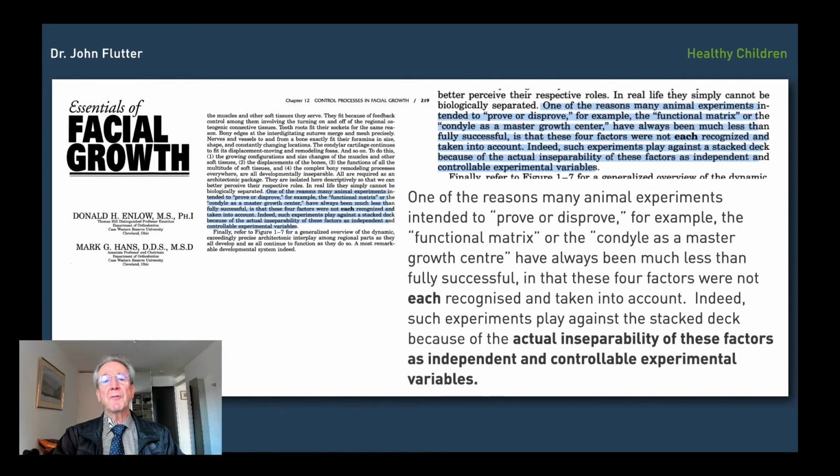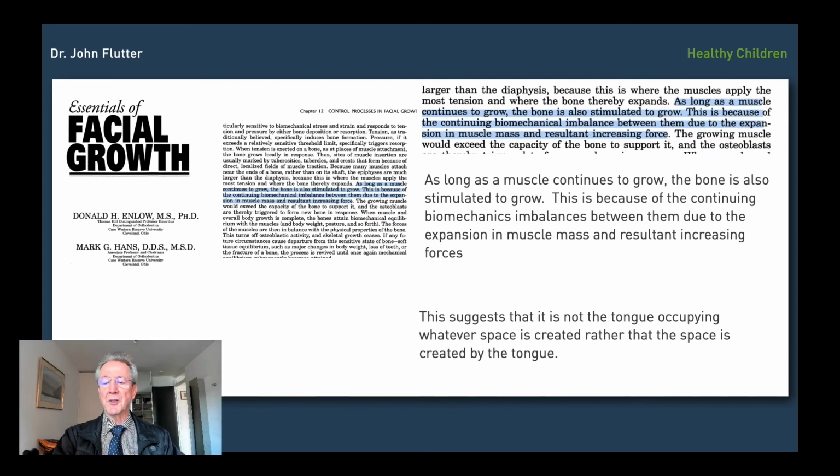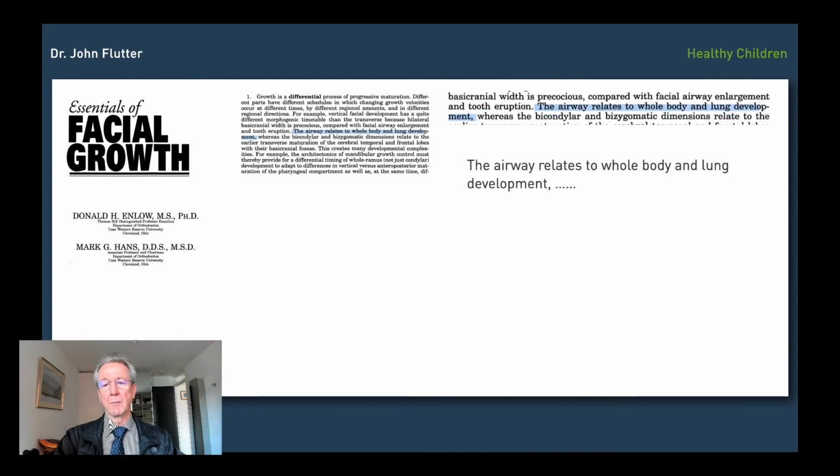There are so many different factors to do a double blind trial. It is unrealistic. But it does suggest that muscle is influential on bone development, which does rather suggest that the tongue develops the space it requires, rather than the idea that the tongue occupies any space that has been developed.